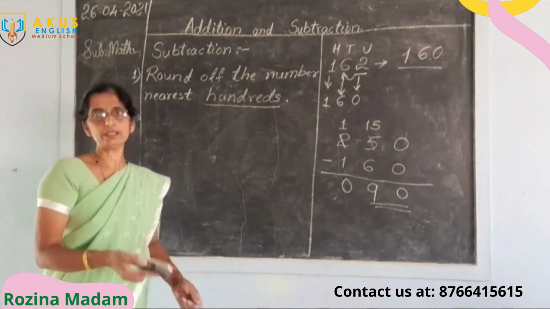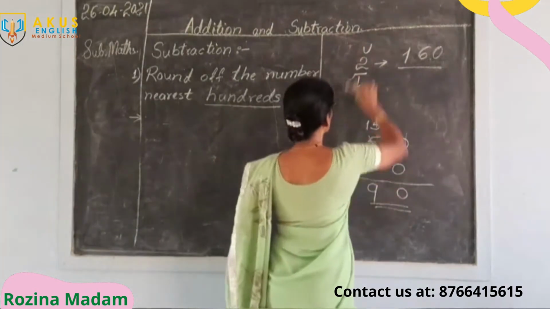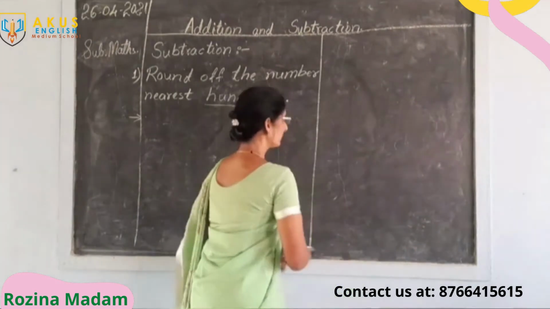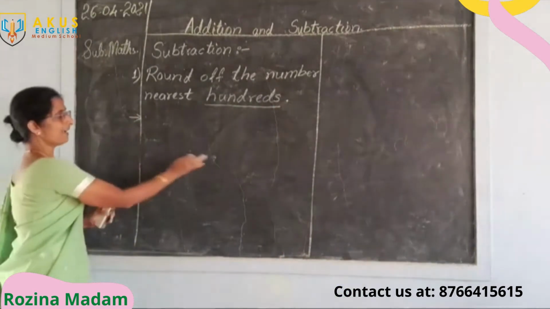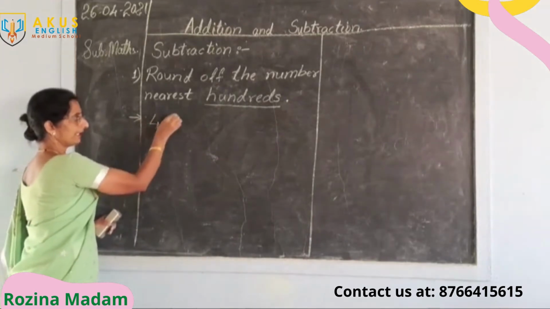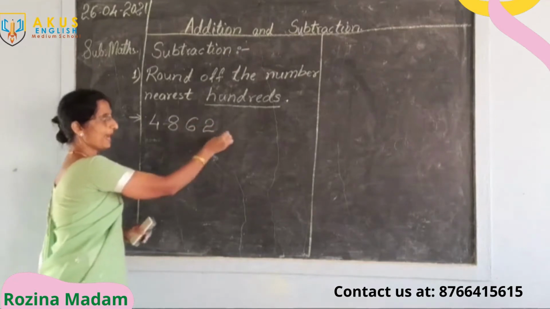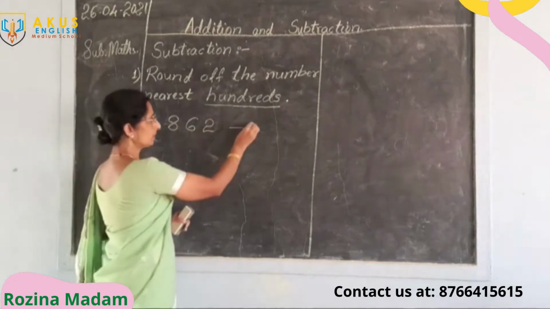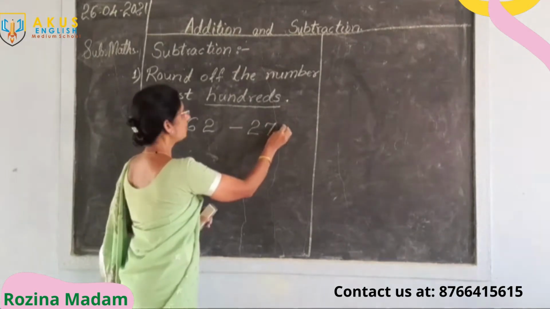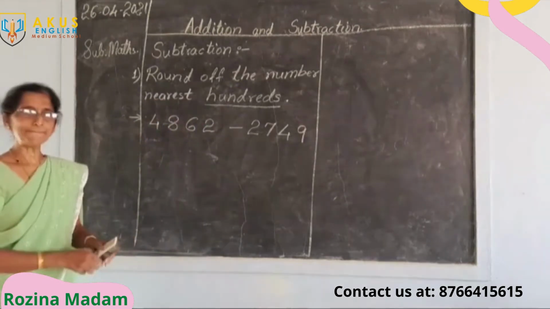In the same way, we will go for nearest 100. Now first of all, I write a number. The sum is 4,862 minus 2,749.